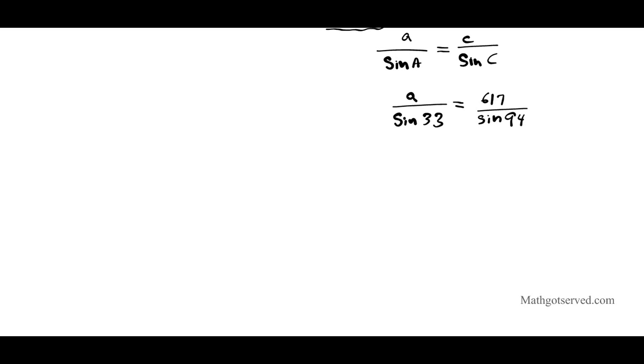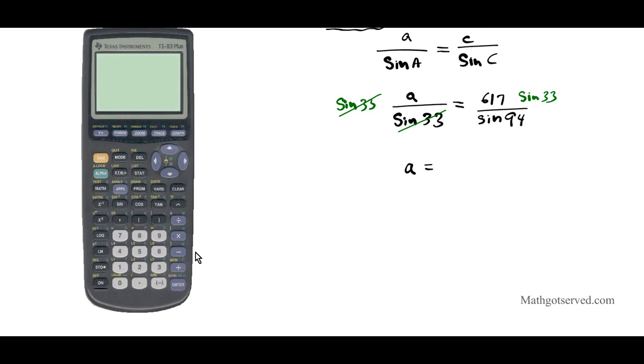Now let's multiply both sides by sine 33. The sine 33 on both sides, and then these two cancel out. Let's plug this into our calculator and see what we get. We have 617 sine 33 divided by sine 94.